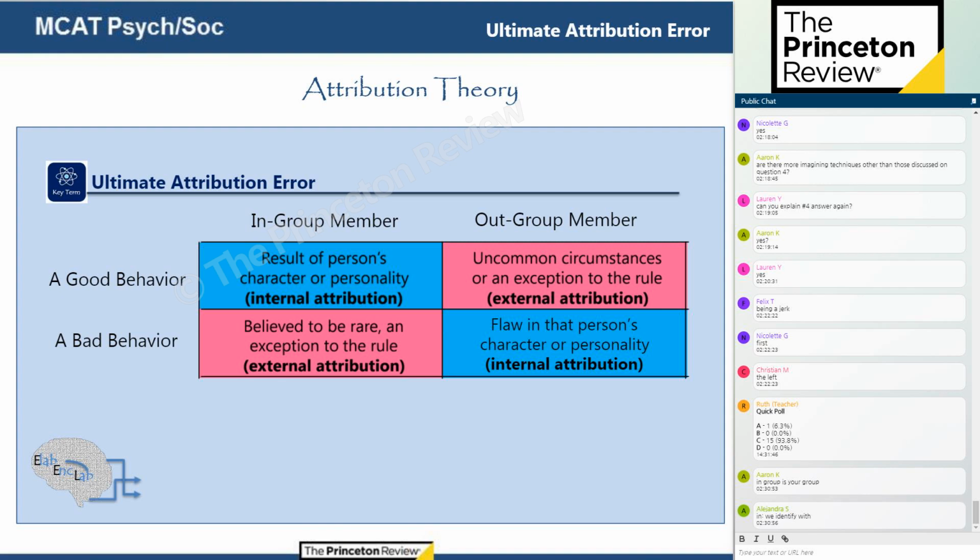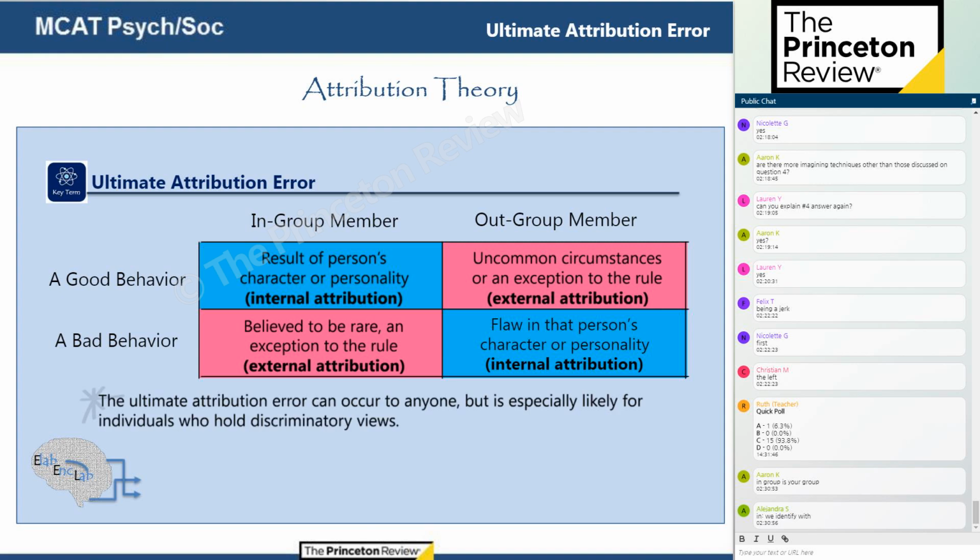That's right in line with the kind of things that they do. Okay. This way of thinking, the ultimate attribution error, plays heavily into stereotypical thinking, racism, all kinds of things. Okay, it's all about prejudice and discrimination.